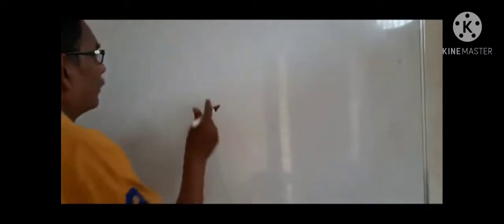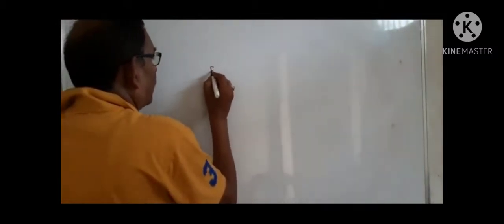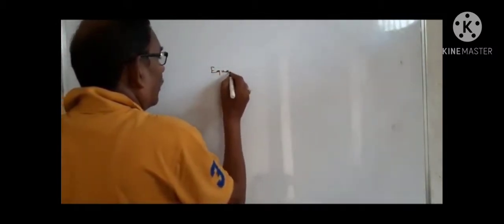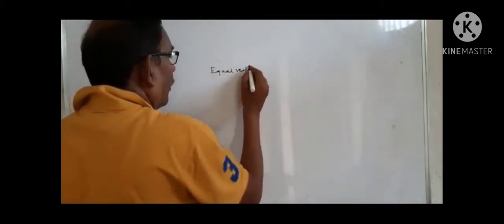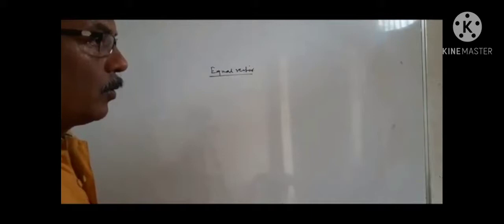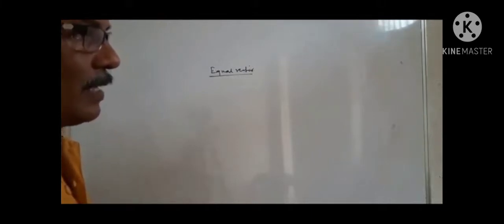Now, some definitions of vector. First, equal vectors. Two vectors are said to be equal when they have the same magnitude and act in the same direction.